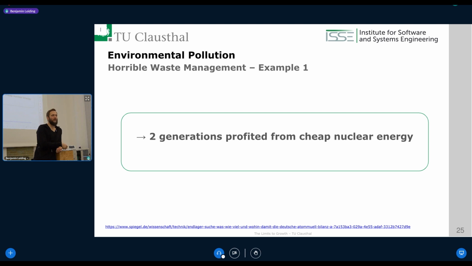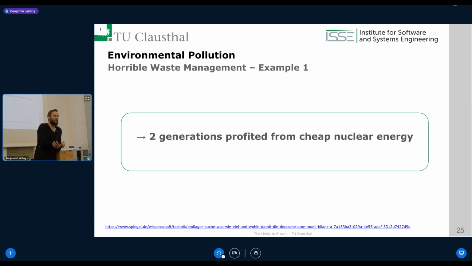And from those 2 generations that profited from cheap nuclear energy so far, because nuclear energy wasn't really harvested in a productive manner before, I don't know, the 1950s, 60s, 70s, there's a lot of waste left just from those 2 generations. And this is not even accounting for the fact that we're not using it on a global level or on a large scale.